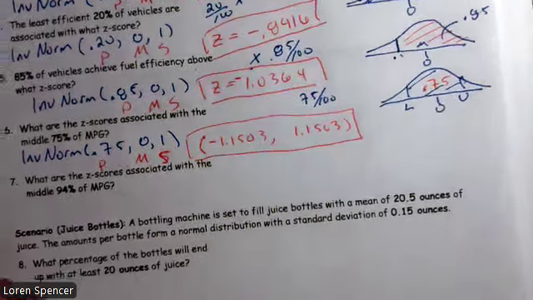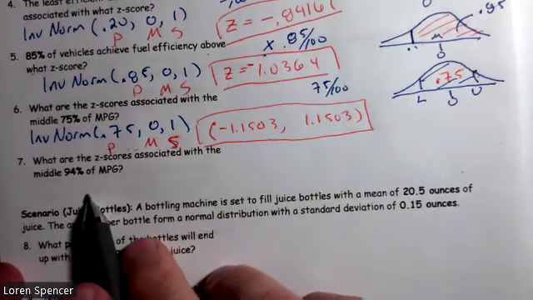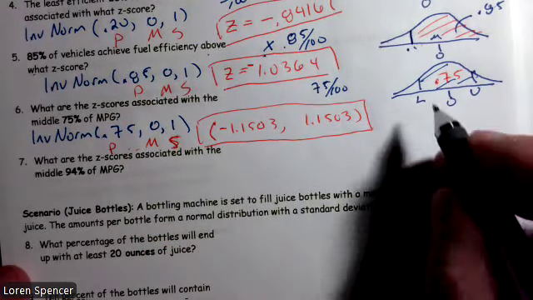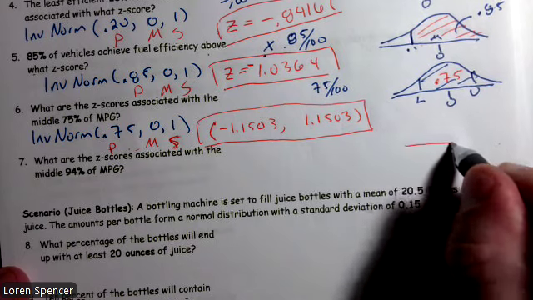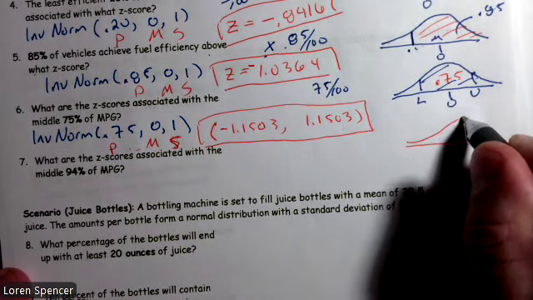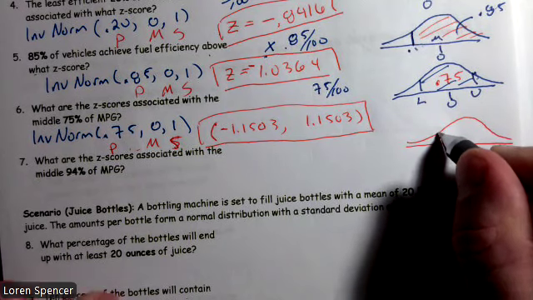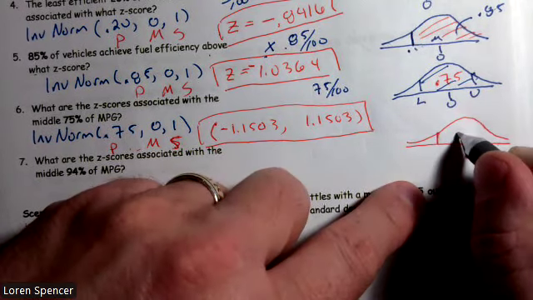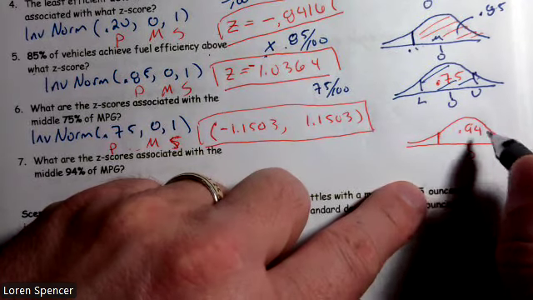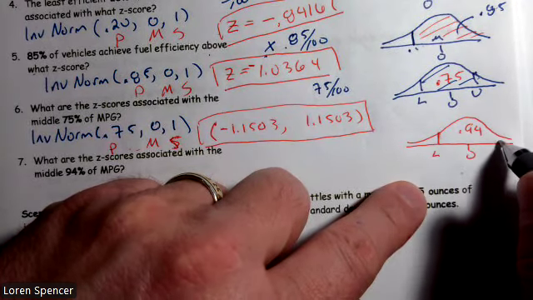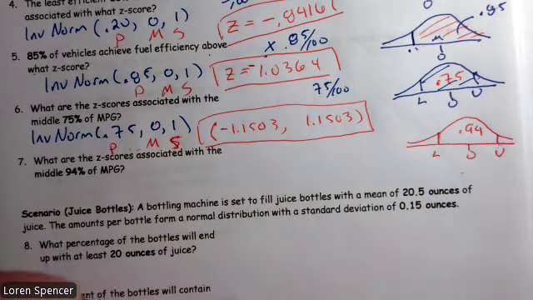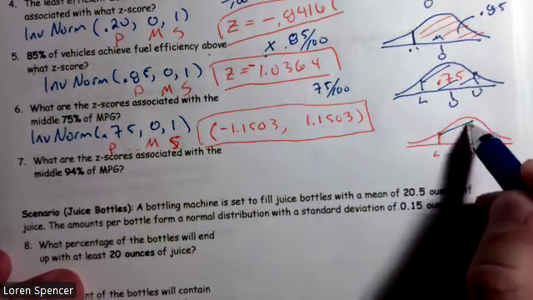All right. What are the z-scores associated with the middle 94%? Well, it's going to be very much like what we just did. Mean is 0, but we're looking for 94%. So 0.94. This is going to be my lower. This is going to be my upper because we're going to have two values and we're shading out the middle.